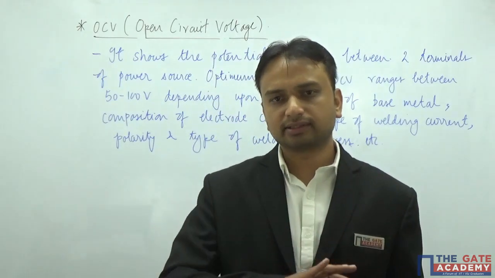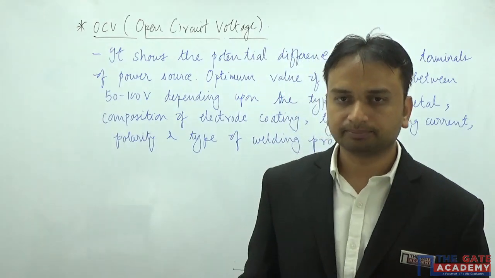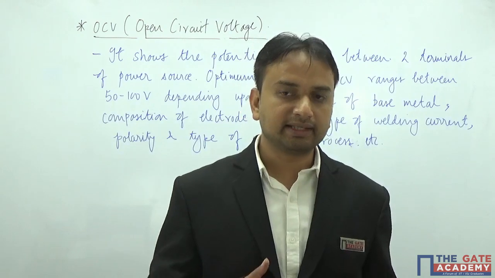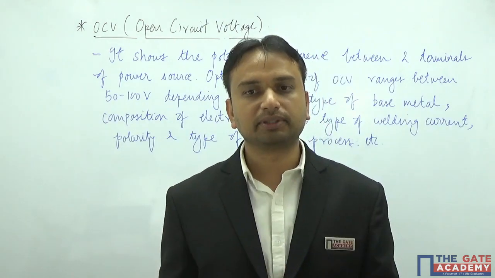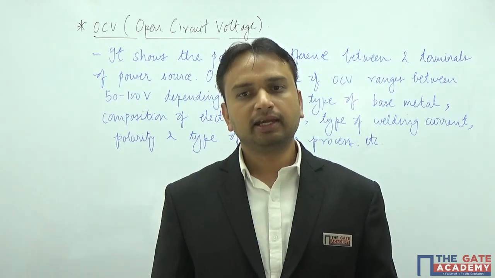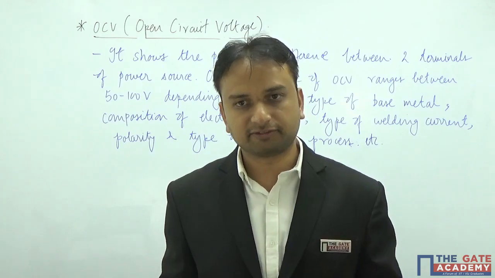Bare electrode means it is not coated with anything at all, just the filler metal. And the coated electrode contains a coating which is nothing but the flux. So you do not need to supply flux additionally or separately. This coating itself acts as a flux. It performs the same function.